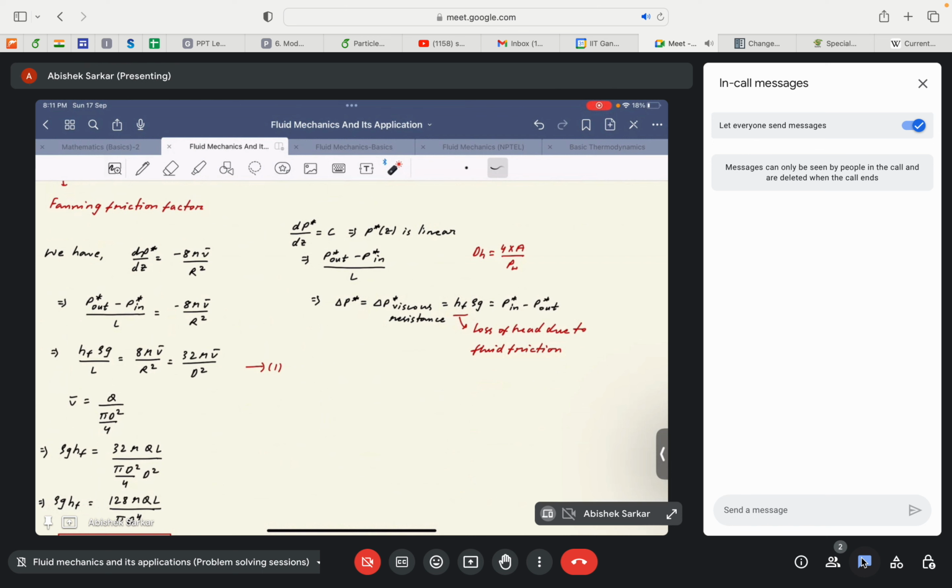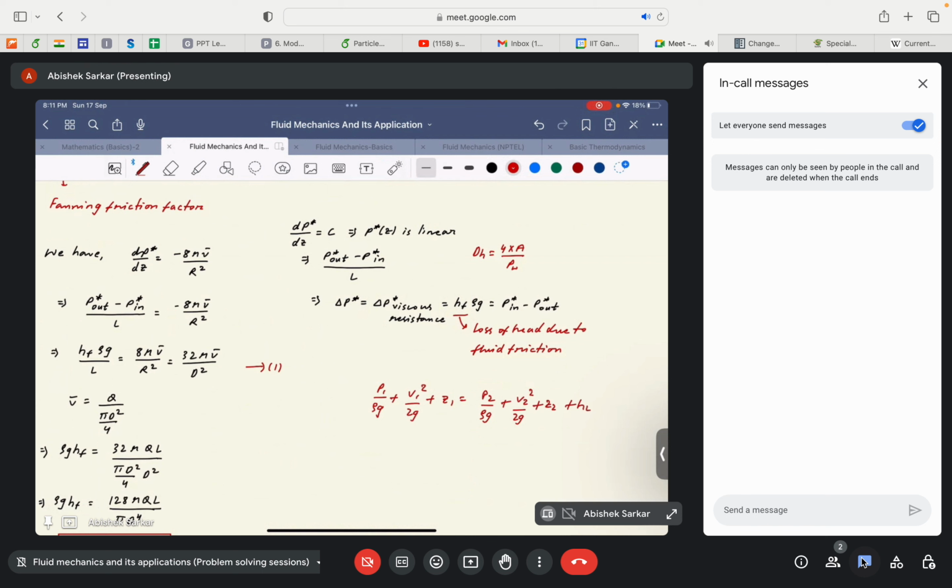So let me just write it. P1 by rho g plus V1 square by 2g plus Z1 is equal to P2 by rho g plus V2 square by 2g plus Z2 plus HL.